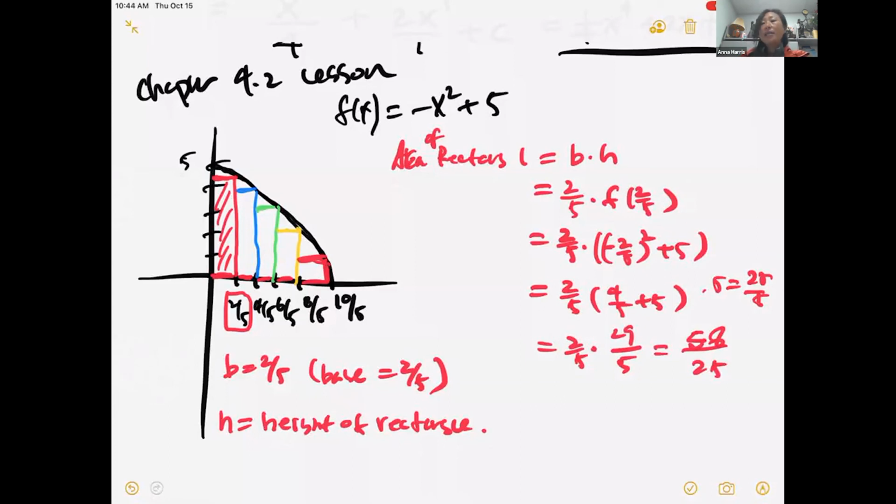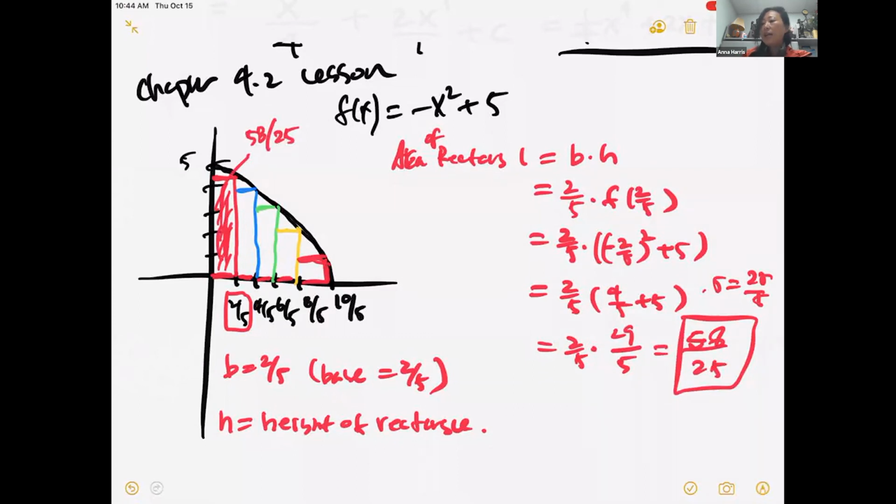That's my height, and multiplying by the base 2/5, the area is about 258 over 125. So this area right here is what we computed.